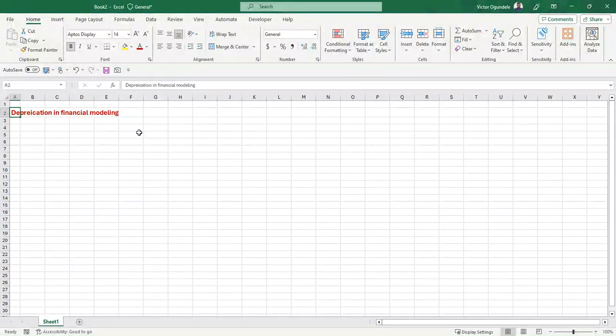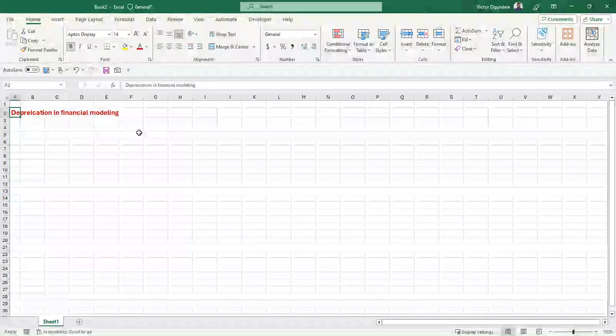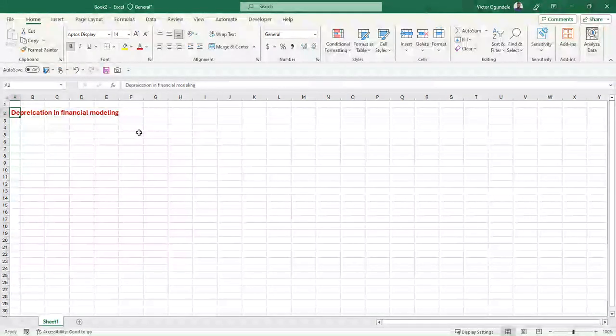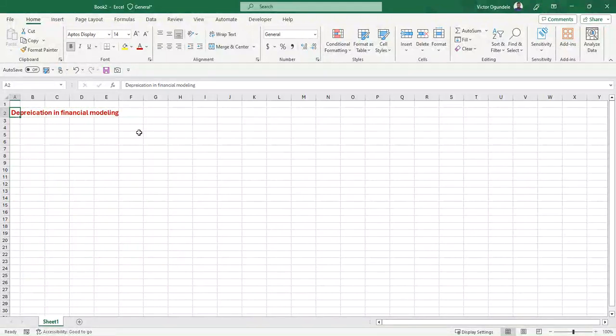Now, this depreciation, you as a modeler, you as a financial analyst, you really need to understand it. I've seen investments being rejected because depreciation was not modeled correctly, was not modeled in a realistic manner.